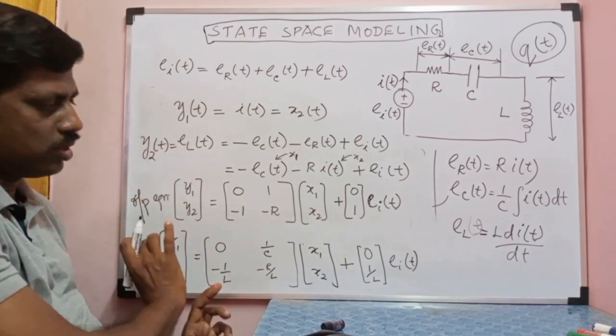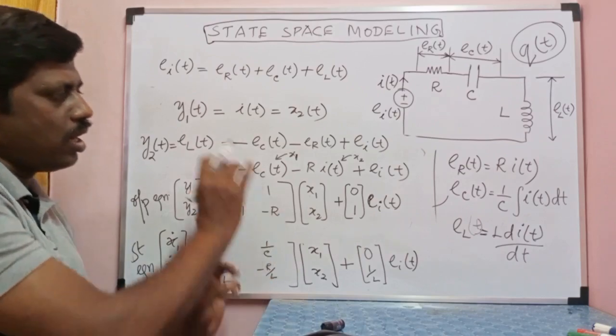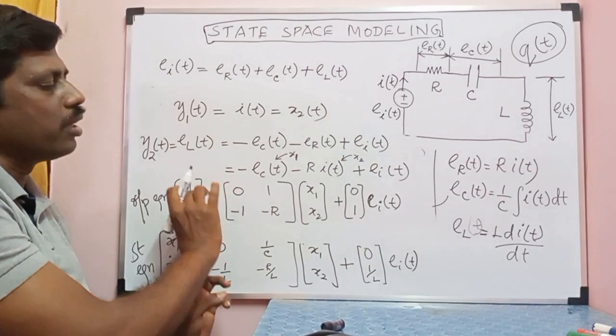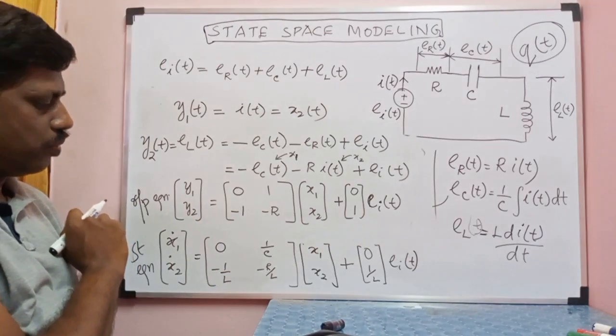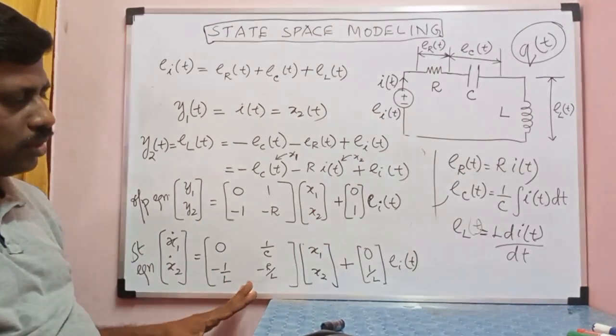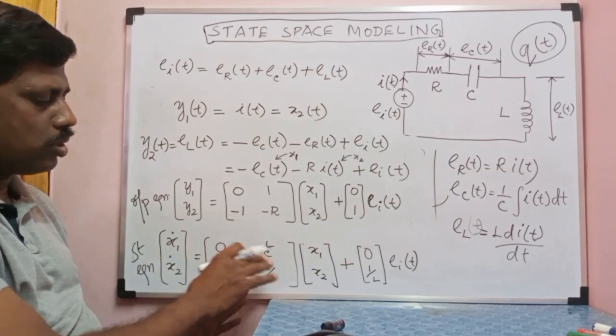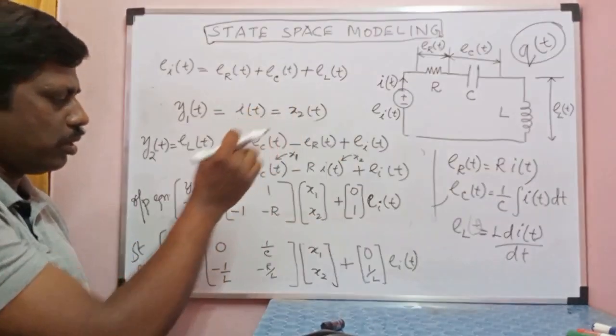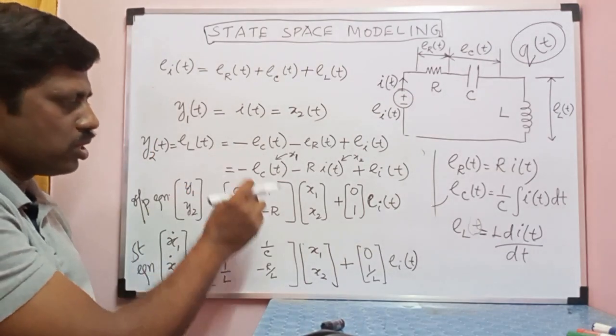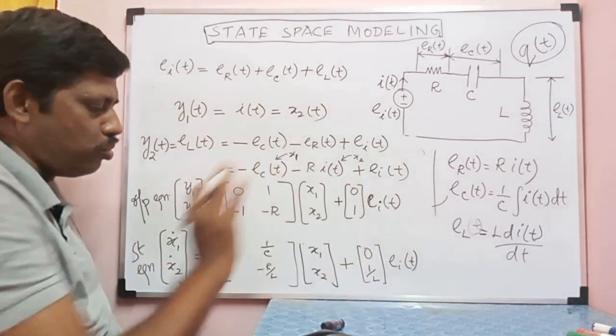Please note that usually the state equation is written first and the output equation is written next. So which is the A matrix here? X dot is equal to A x plus B u, and y is equal to C x plus D u.